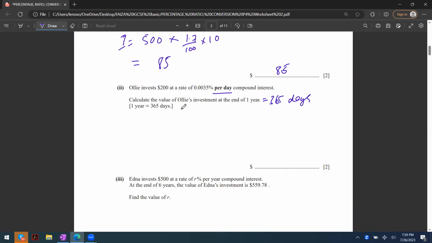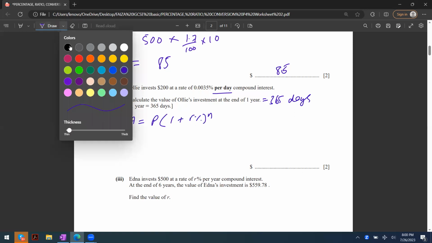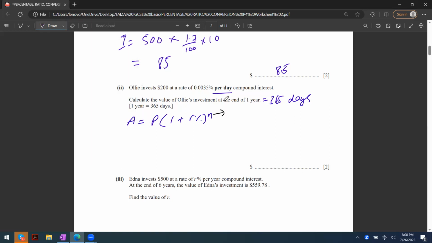So formula will be same, but n will be 365 because every day the interest is computed. Let's write the formula. Amount is equal to principal times 1 plus r% raised to power n. But this n is now days. Because interest is also given per day.